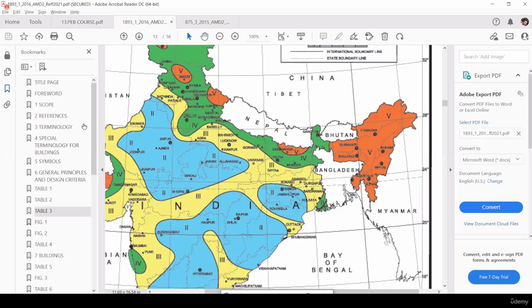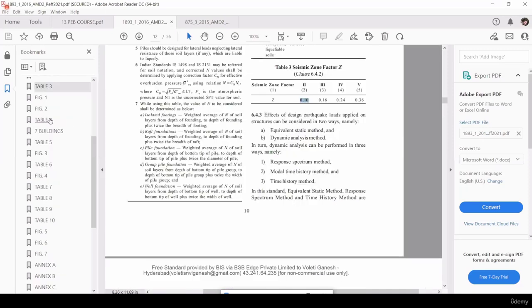And to calculate the design acceleration coefficient SA by G, we need the natural time period. So how to calculate the time period? Clause 7.6.2.